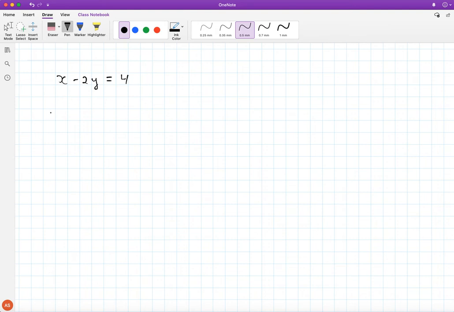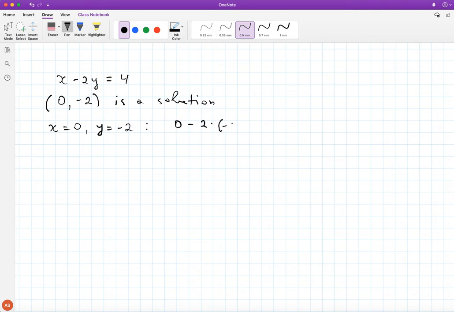For example, the pair 0, negative 2 is a solution of this equation because if we substitute x equals 0 and y equals negative 2 into our equation, we obtain a correct equality. 0 minus 2 times negative 2 is supposed to equal 4, and it is equal to 4.